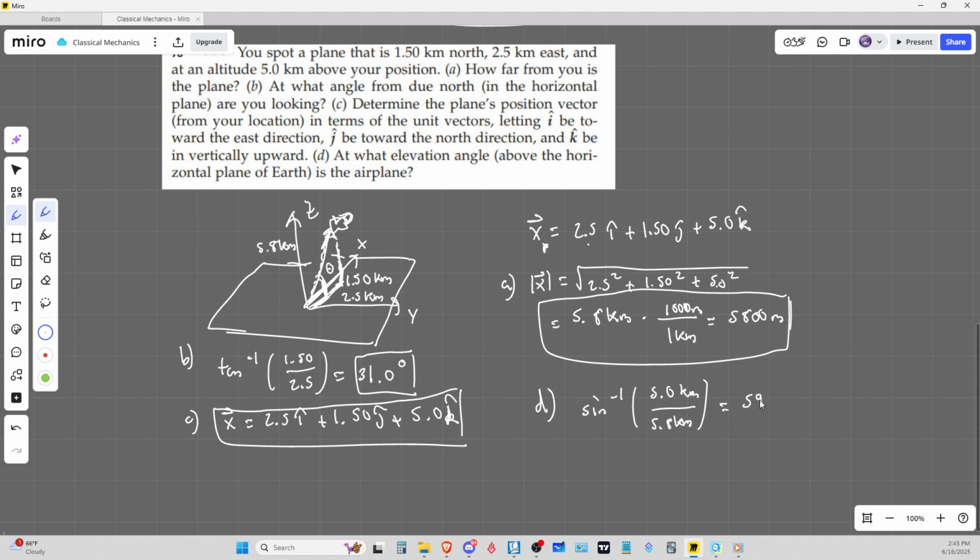So 59. Maybe we should round it to 60, because we have 2 significant figures mainly. There we go.